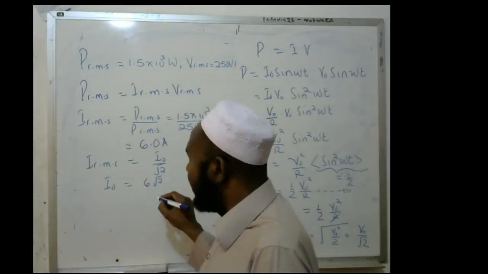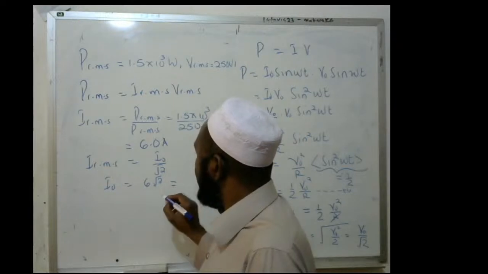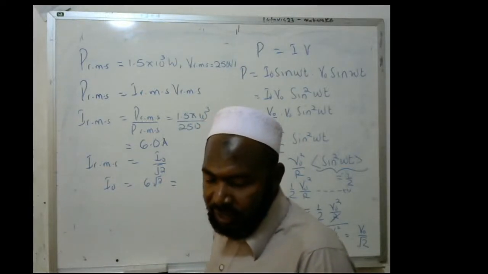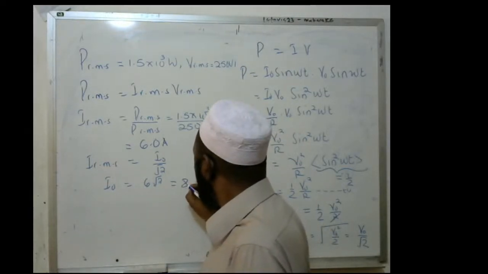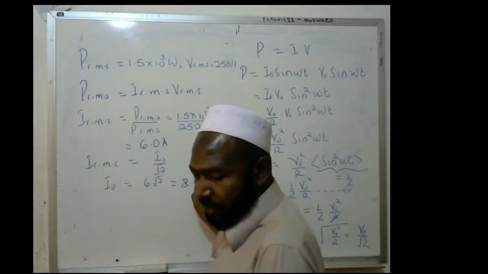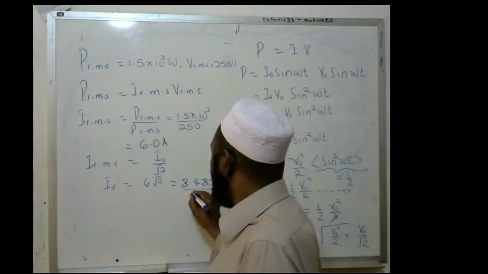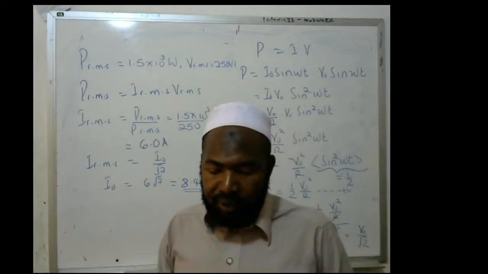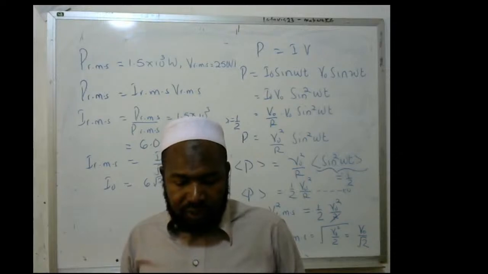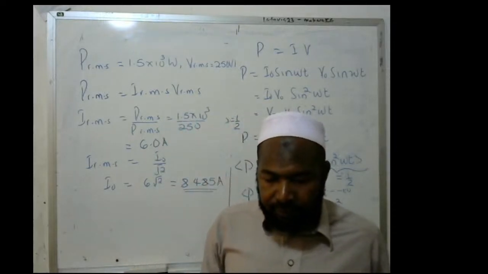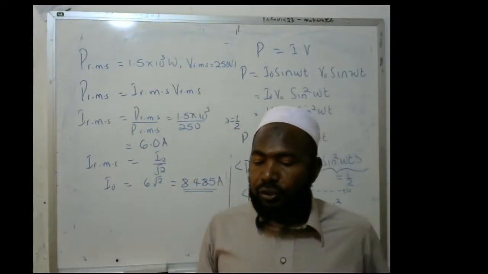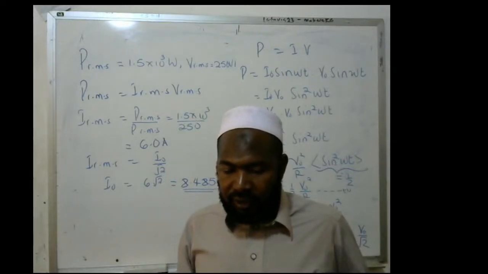And we don't give the answer in roots. We give the complete answer, 8.5. Okay. So that's going to be the peak value of the alternating current, or the amplitude of the alternating current.